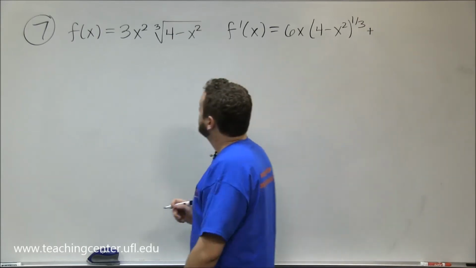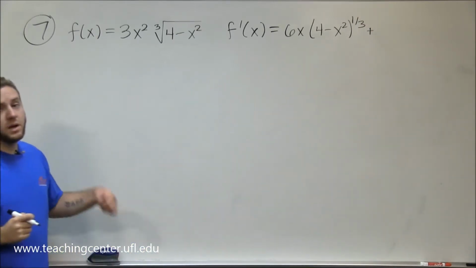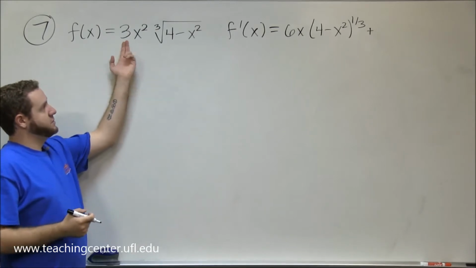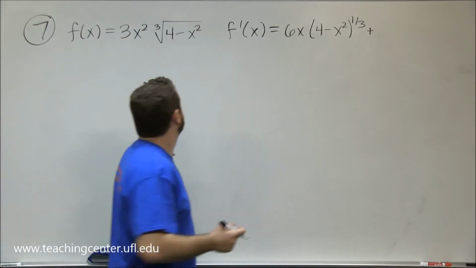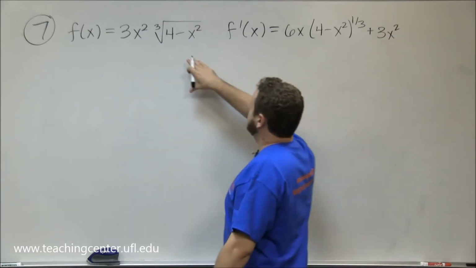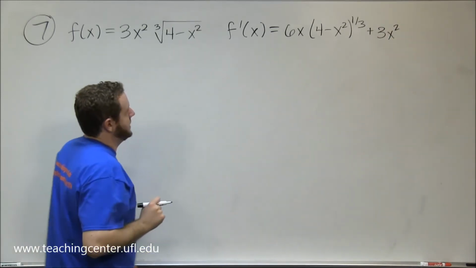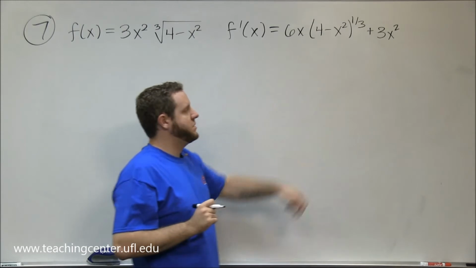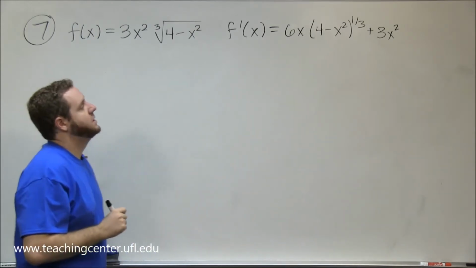So then we add the other combination, where we just have the first piece times the derivative of the second. So we have 3x squared times the derivative of 4 minus x squared to the 1/3. To do this derivative, we're going to have to use the chain rule.